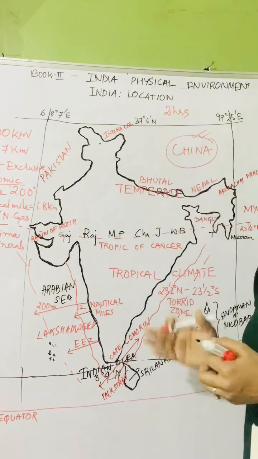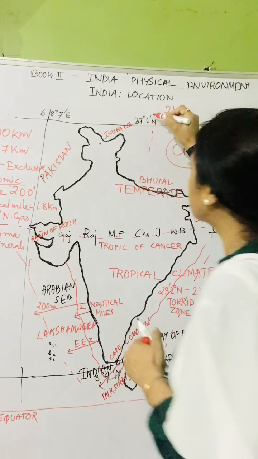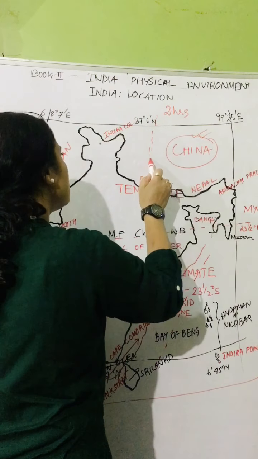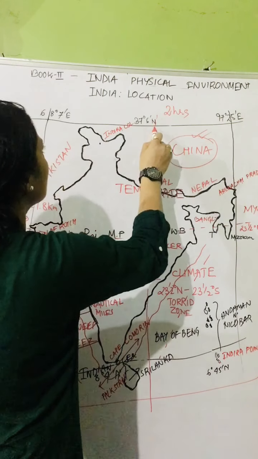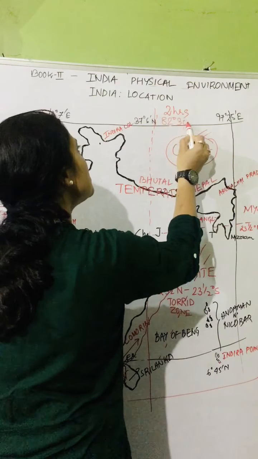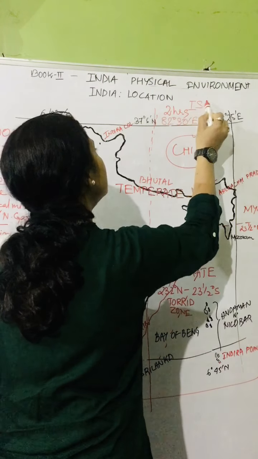So what India has decided, India has taken one longitude which divides the country into equal halves. From 97 to 68, it divides the country, and we have chosen 82 degree 30 minute east as our Indian Standard Time.